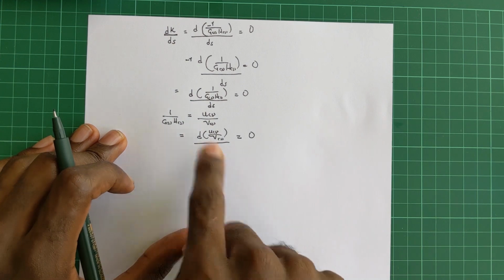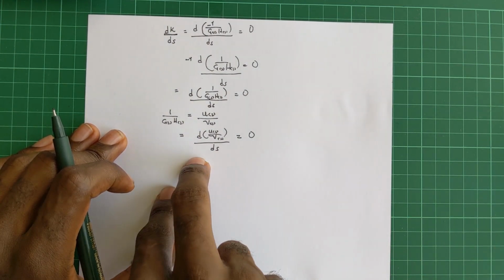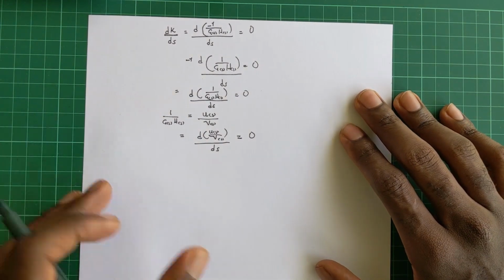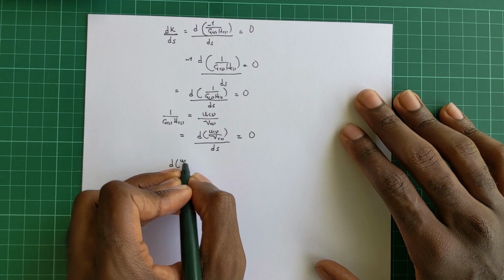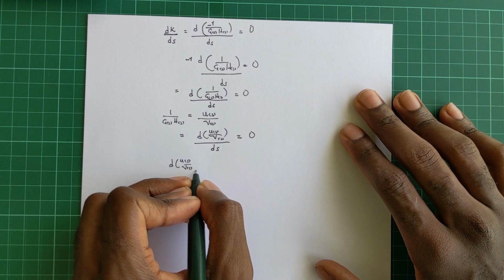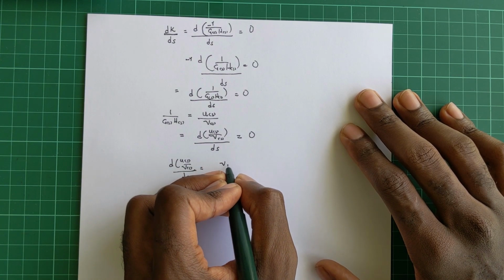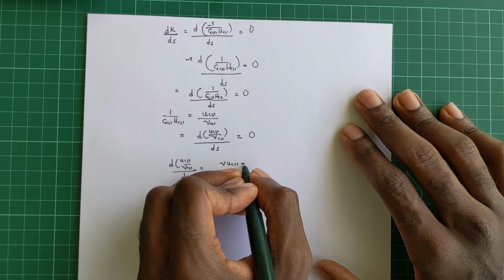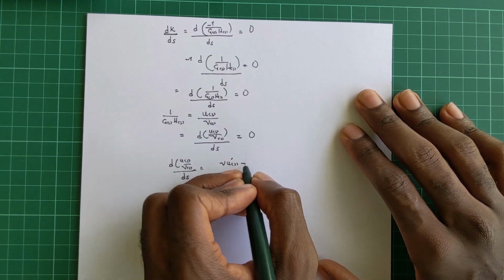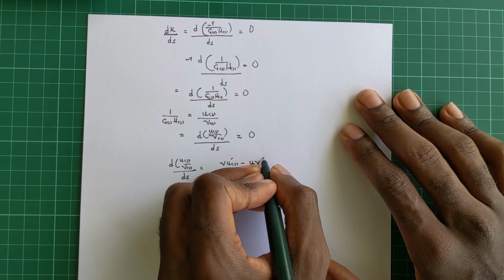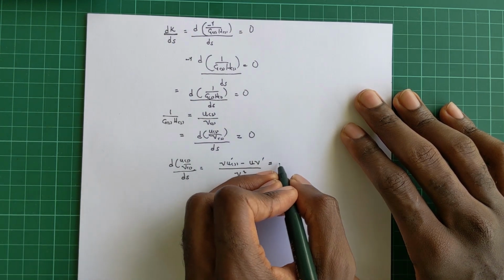The quotient rule. You have to apply the quotient rule of differentiation when dealing with this. The quotient rule simply states that d/ds of u(s) over v(s) equals (v u' minus u v') all over v squared, and this is equal to 0.